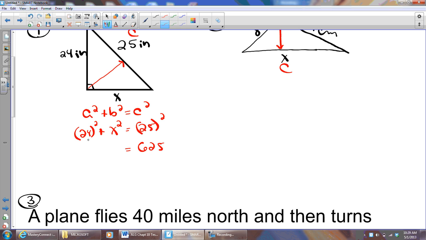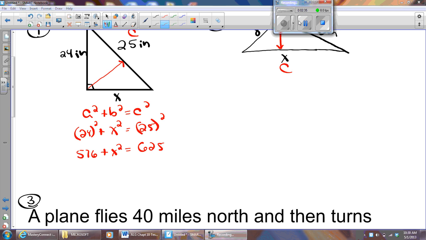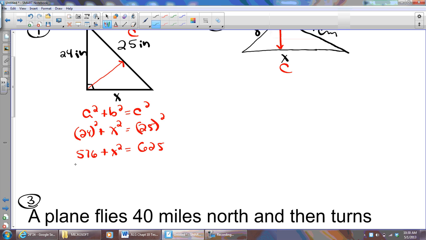Okay, so I'm going to square, get 625. Oh, I want to say that 24 squared is 576, but I'm going to double check that. Hold on one second. Good. So my insecurity was unwarranted. It is 576. I'll subtract 576 from each side. I'll get x squared equal to, let's see, looks like I'm going to do a little borrowing.